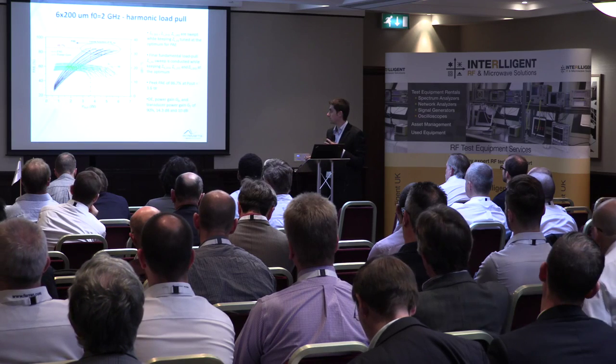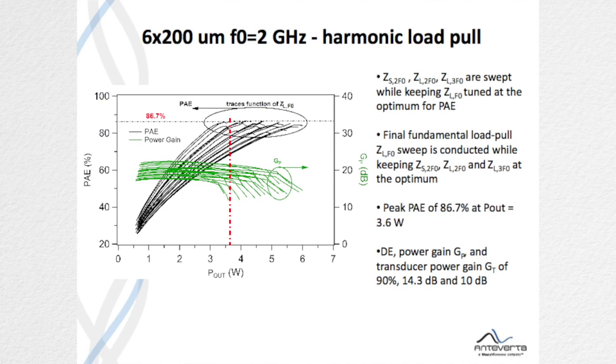In this case, you can see that for this last measurement, the peak PAE found is about 86.7%. So through harmonic tuning, you have an improvement of almost 20%. And the final performance on this transistor shows a power gain of 14 dB, GT of 10 dB, and drain efficiency of 90%.